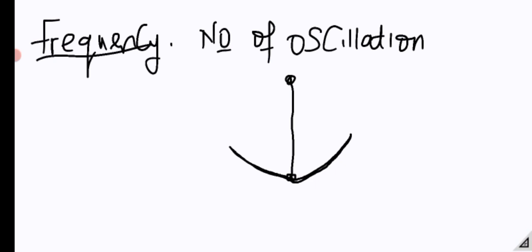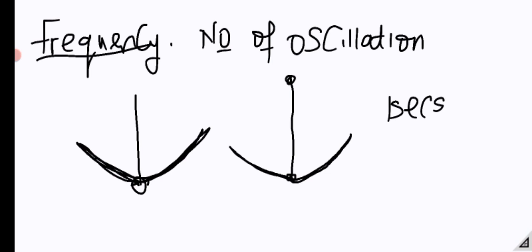So one oscillation is like a complete cycle movement. You go, come back, move again, come back, is what we call an oscillation. So how many times it moves, comes back, moves, comes back. This is 1 time. How many times it does that oscillation in 1 second is called frequency. Are you getting it now?